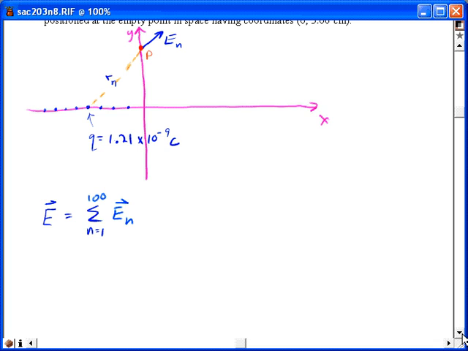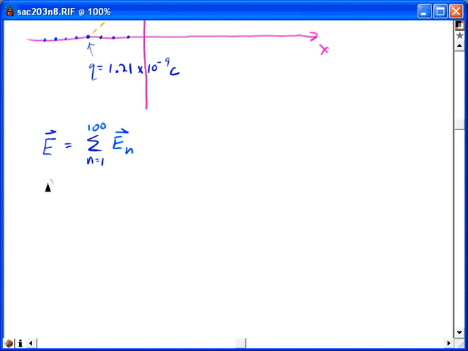They're all pointing in different directions, so I think it'll be easiest to work in Cartesian coordinates. Let's go ahead and express this as the same sum, n equals 1 to 100 of, I'll call this E_x sub n, the x component of the nth particle, times i plus E_y sub n, the y component, times j.